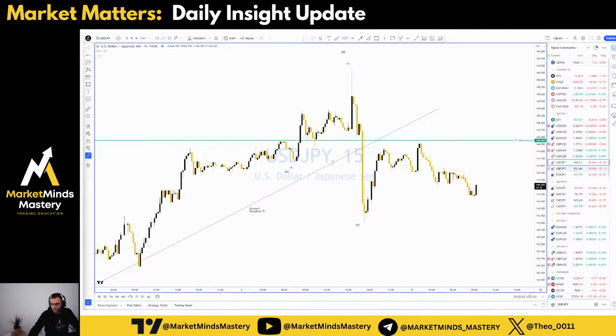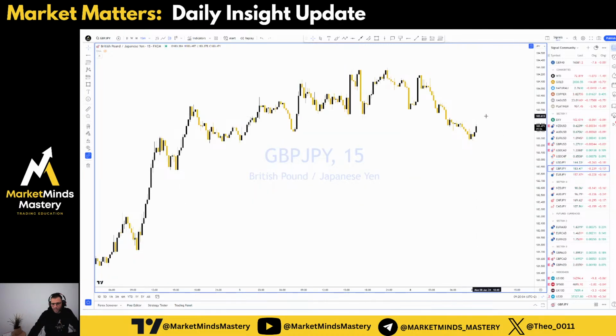Let's check the pound JPY, another interesting pair. The market made this upward move. On the daily chart, it is represented by a shooting star that has bearish implications.